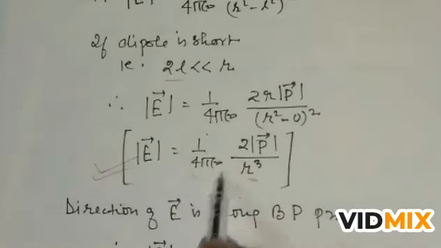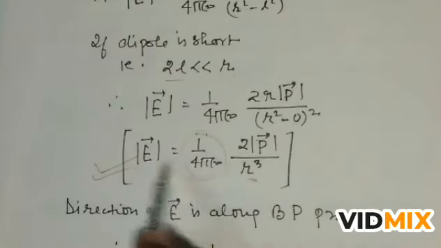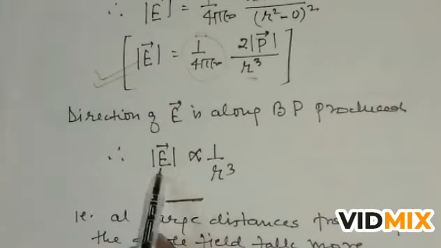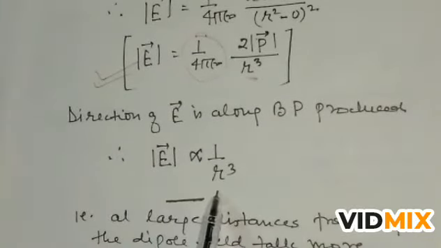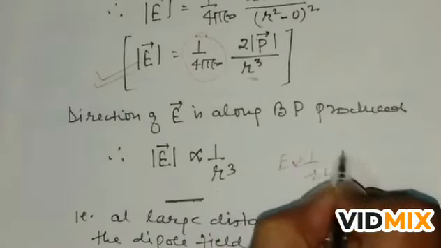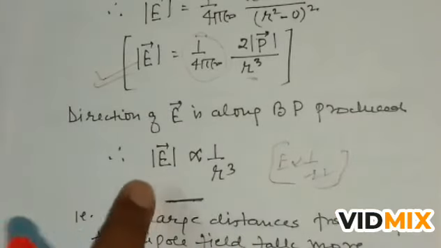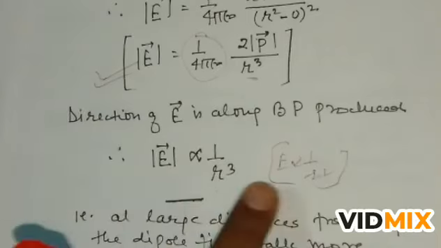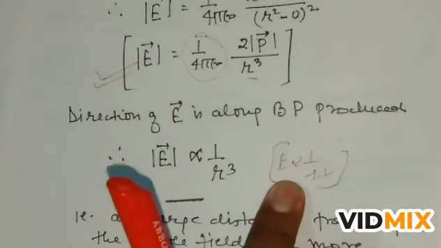And if P is a constant value, then E is inversely proportional to r cube. And if you remember, the electric field due to a point charge is inversely proportional to r square. So this is the electric field variation in the case of a dipole, and this is the electric field variation in the case of a point charge.